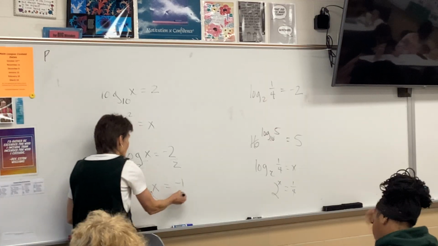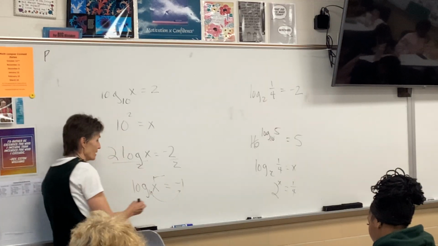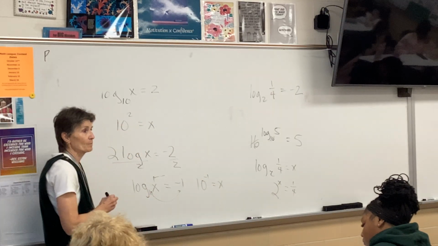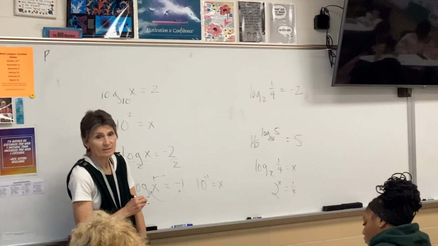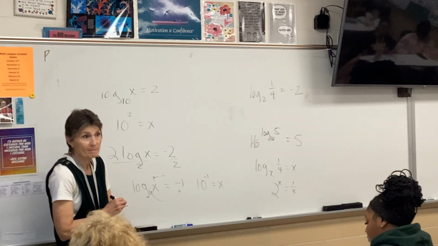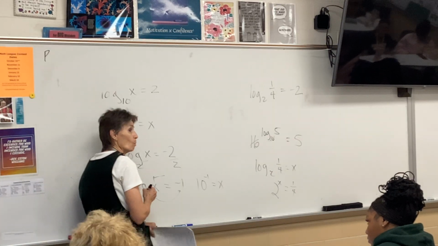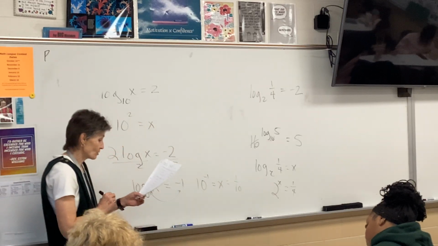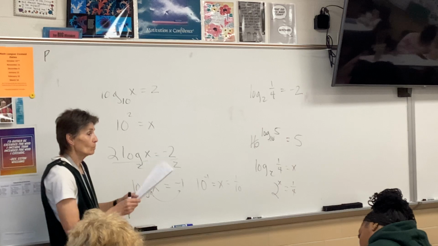Now I'll loop-de-loo it, and it says 10 to the -1st equals x. And what does 10 to the -1st mean? 1 over 10? So the answer to B is 1 over 10.